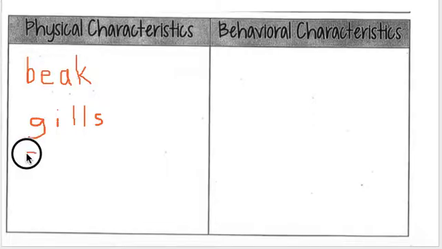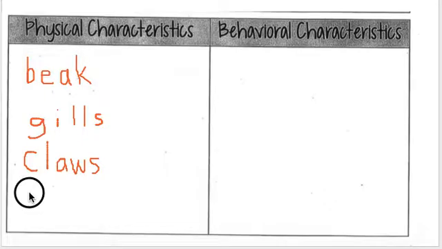Maybe they have claws to catch food. Maybe they have sharp teeth to tear open their food. There are tons of different physical characteristics you could list.